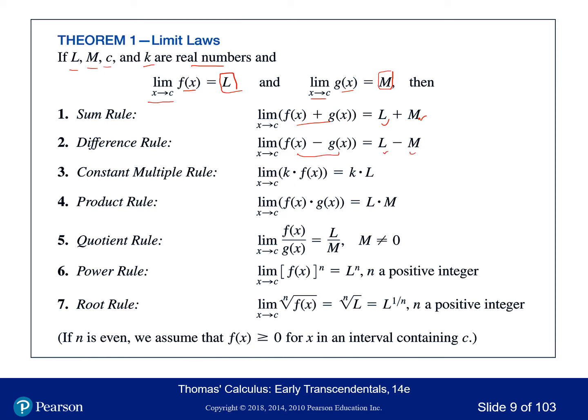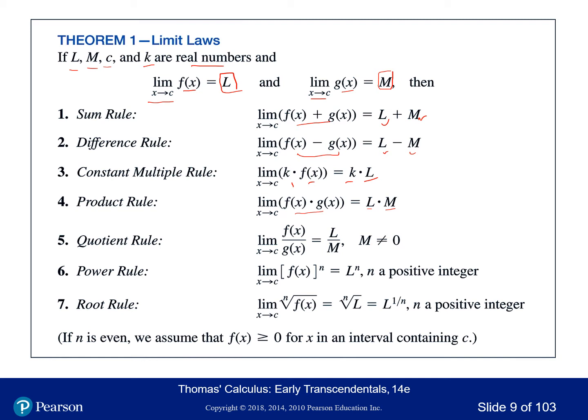Limit of f of x multiplied by k equals k times the limit of f of x as x goes to c. Limit of the product of f of x multiplied by g of x equals the product of the limit of the first multiplied by the limit of the second.